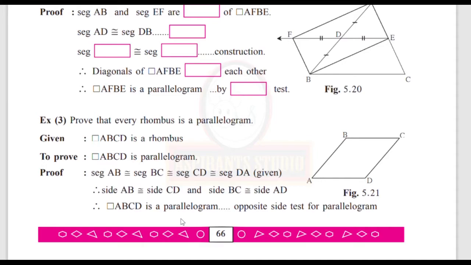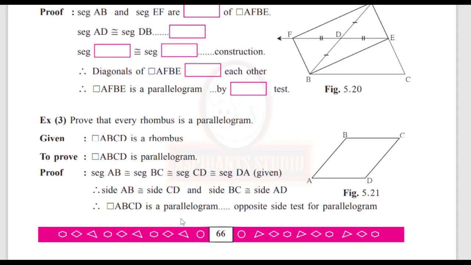Side AB is congruent to side CD and side BC is congruent to side AD. Therefore, quadrilateral ABCD is a parallelogram.